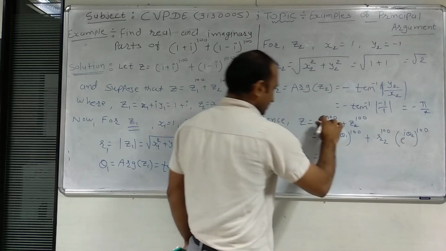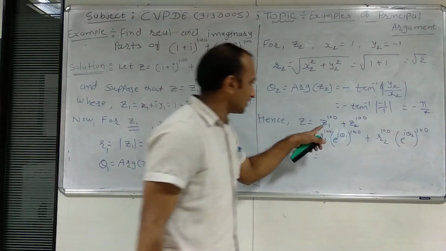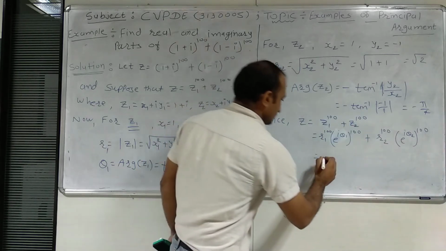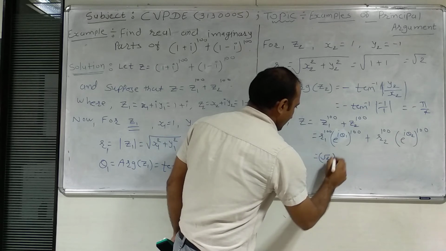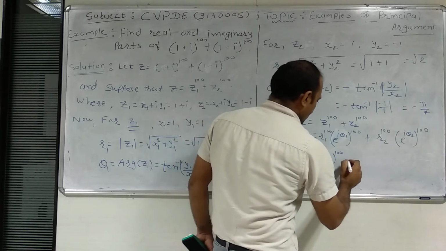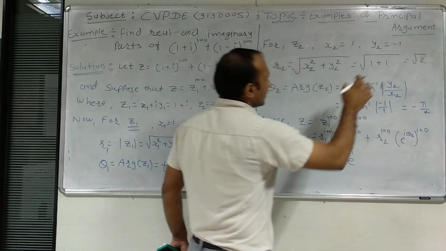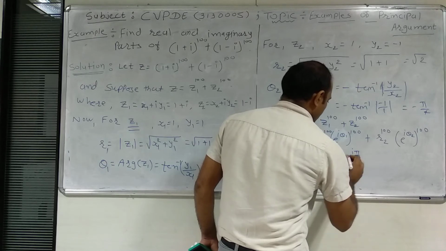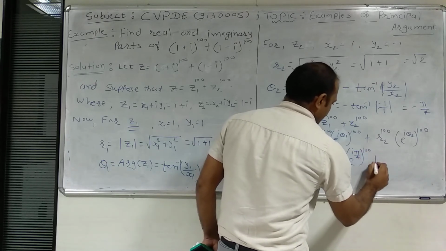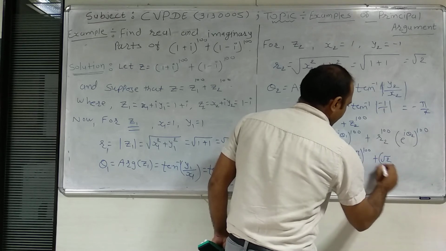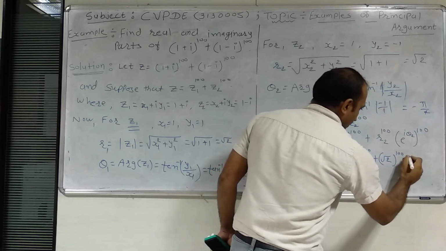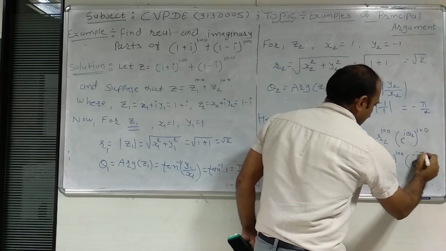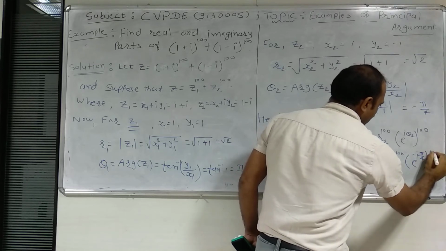Okay, because r1 e raised to i theta 1 is the polar form of z1 and r2 e raised to i theta 2 is the polar form of z2. Now put here, so root 2 raised to 100 into e raised to i theta 1, theta 1 is pi by 4, so i pi by 4 raised to 100, plus similarly root 2 raised to 100 into e raised to, now this is minus, so minus i pi by 4 raised to 100.